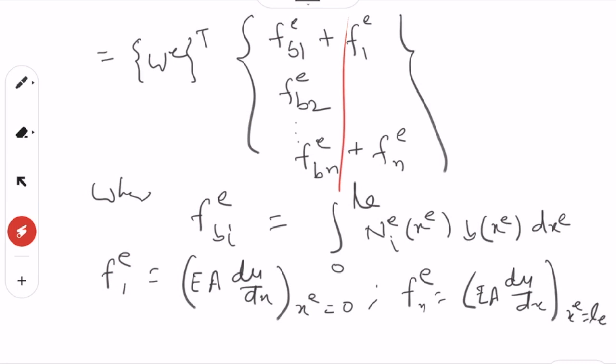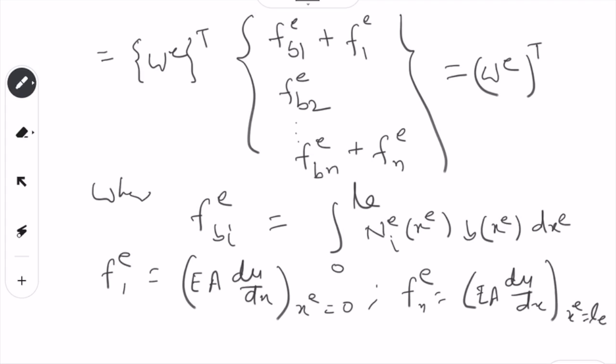So you can also write this is equal to W_E transpose, and you have the force vector F_E here.